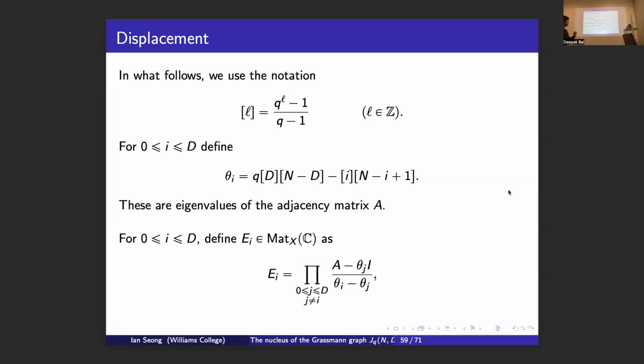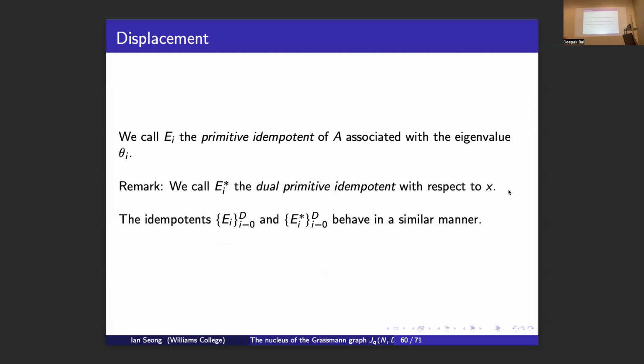Okay, and we're going to define EI as the following. The exact details are not that important, but the takeaway is that these EIs are somewhat like eigenmatrices of the adjacency matrix A. So you can think of it as A times EI is going to give you theta I times EI for I between 0 and D. We call EI the primitive idempotent of A associated with the eigenvalue theta I. One remark is that we have another name for EI star, and it's called a dual primitive idempotent with respect to a vertex X. The takeaway is that the idempotents EI and the dual idempotents EI star actually behave in a similar manner.